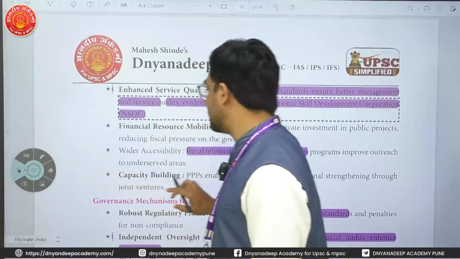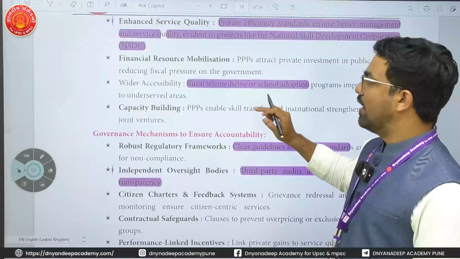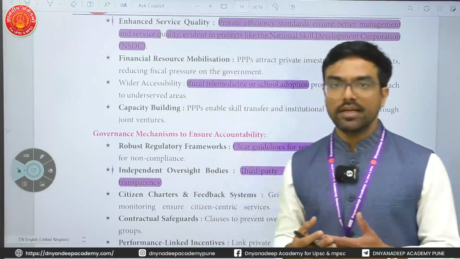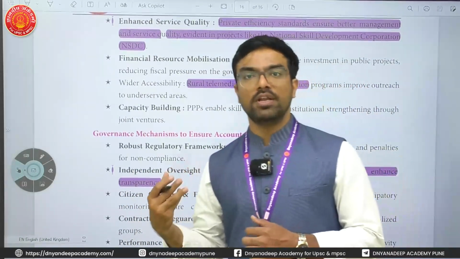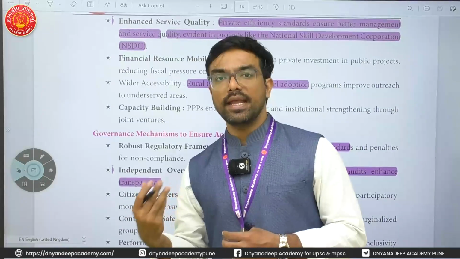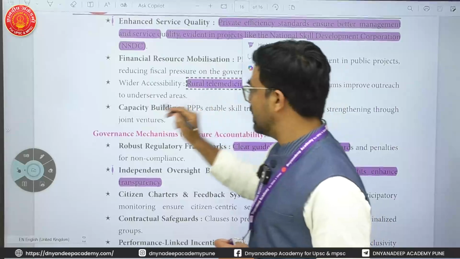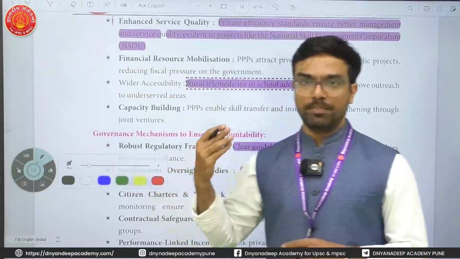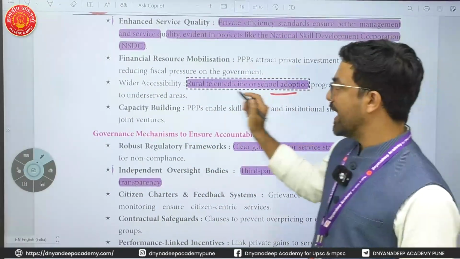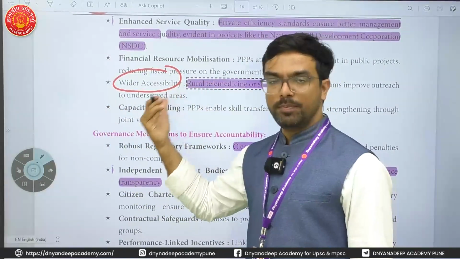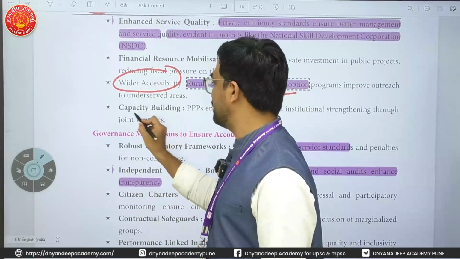Also wider accessibility, because we have seen telemedicine, right? Because of that, even people living in rural or remote areas can access medical services through telemedicine or apps like school adoption. So it has resulted in wider accessibility, right? People in remote areas can also access public services.